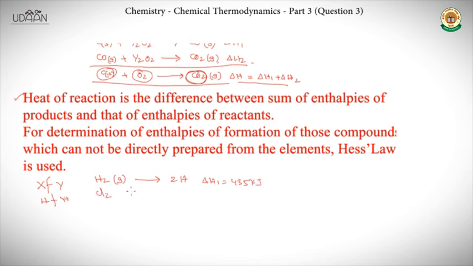Similarly for chlorine, it is 243 kilojoules per mole. For HCl, delta H3 is equal to 431 kilojoules per mole.